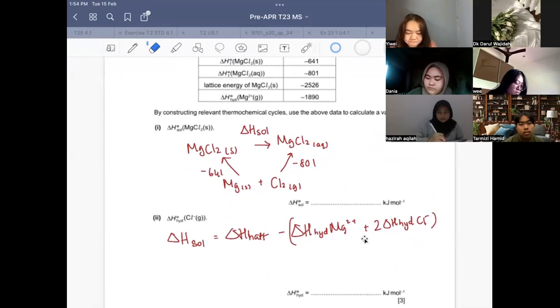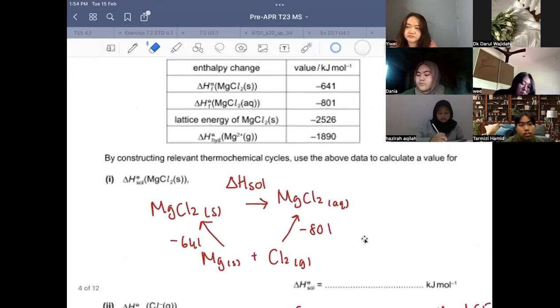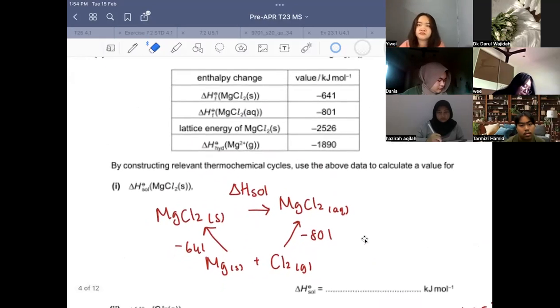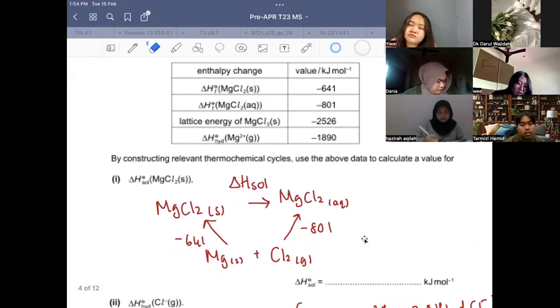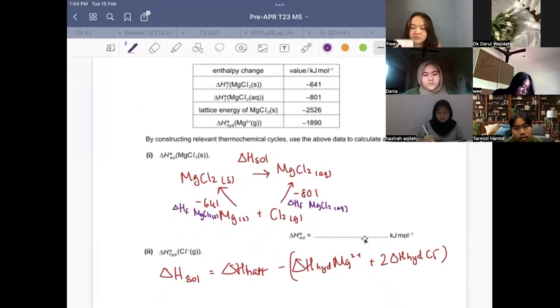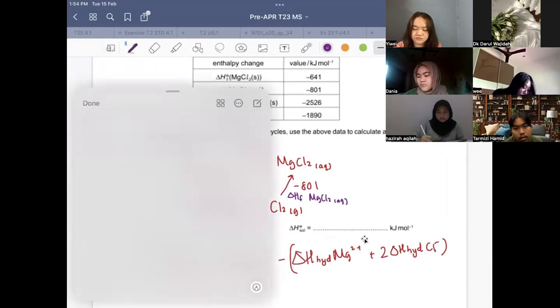I think it should be self-explanatory. So to find the enthalpy change of solution of magnesium chloride, I just need to arrange delta HF here of magnesium chloride aqueous and delta HF of magnesium chloride solid. Okay, and then you work it out later.